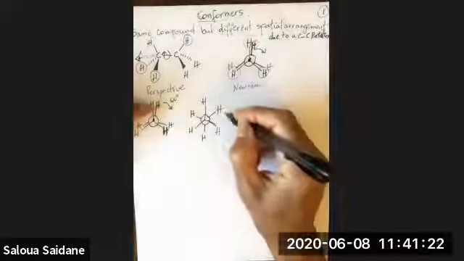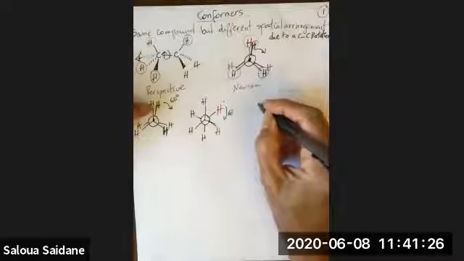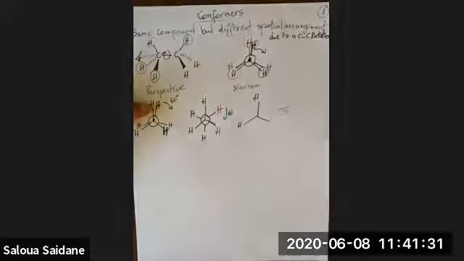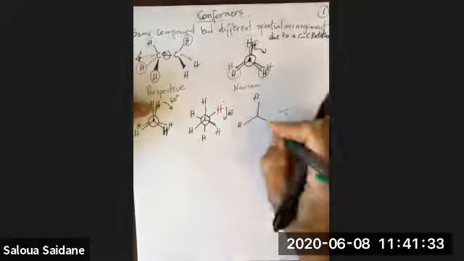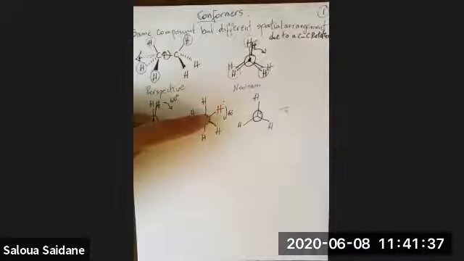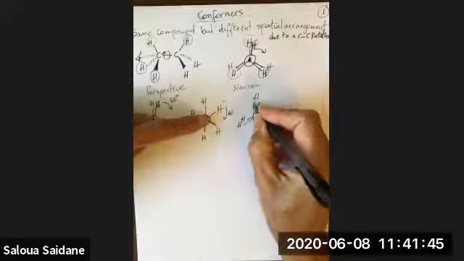Now, if I keep rotating again 60 degrees, the front is still going to be the same, H, H, and here we have that green hydrogen. And in the back, the red hydrogen now is here, and then there's one here and one here.